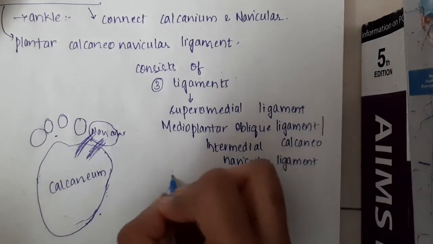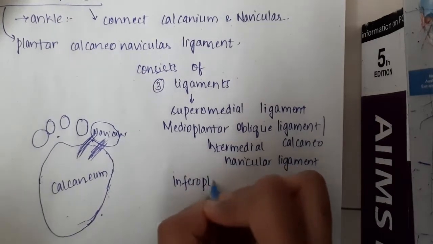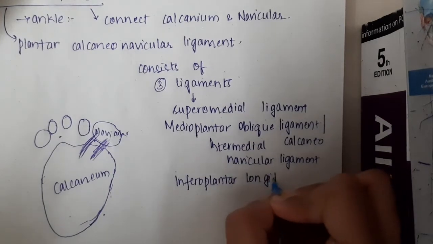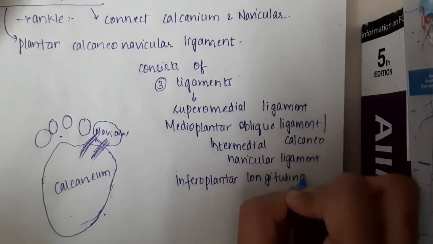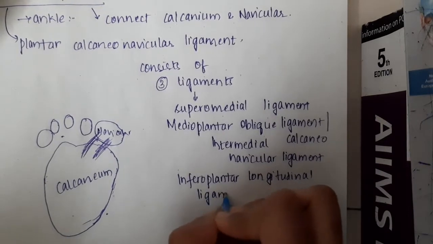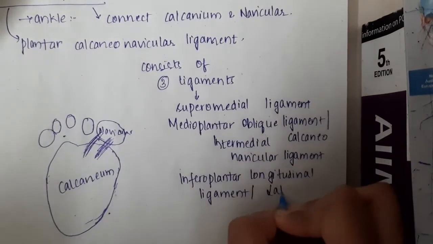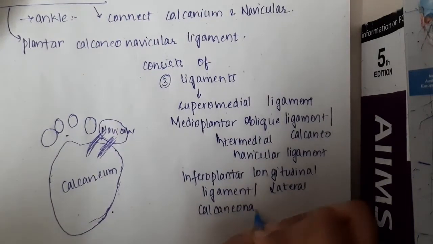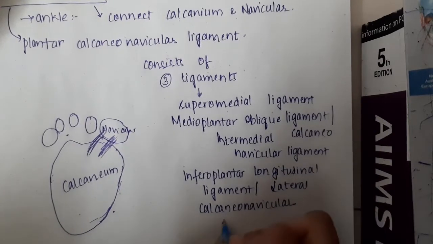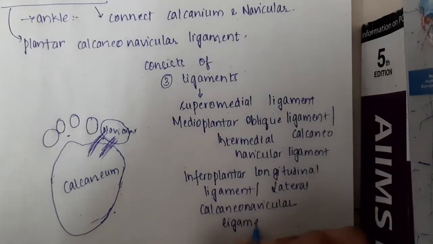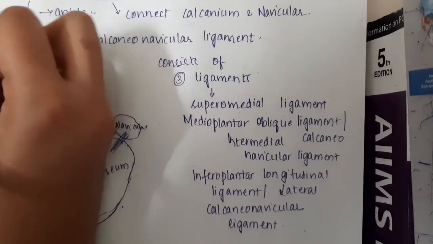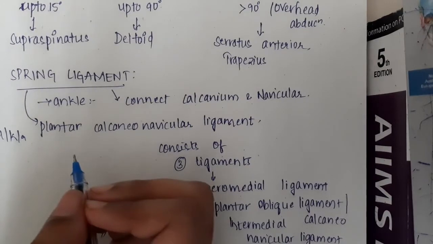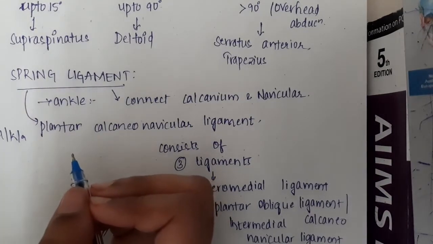The next ligament is the inferoplantar longitudinal ligament, which is also called the lateral calcaneonavicular ligament. So this spring ligament is also called the plantar calcaneonavicular ligament. This is the most powerful ligament of the arch of the foot.